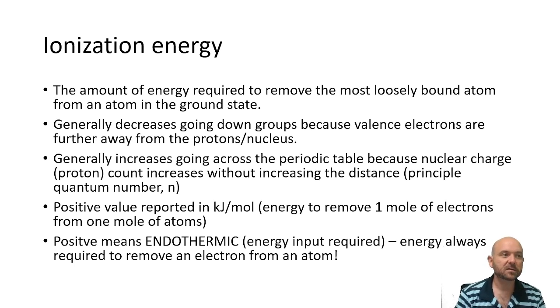Versus atoms like fluorine or oxygen, whose valence electrons are really close to the nucleus because we are only on principal energy level 2. So it takes a lot more energy to pull those away from those protons. There's a lot of attraction there.